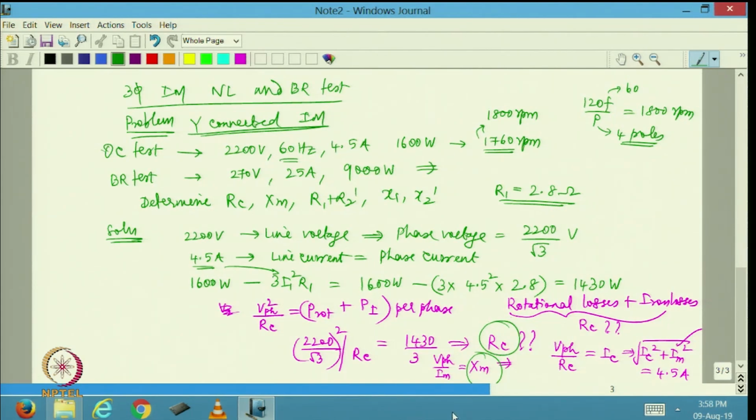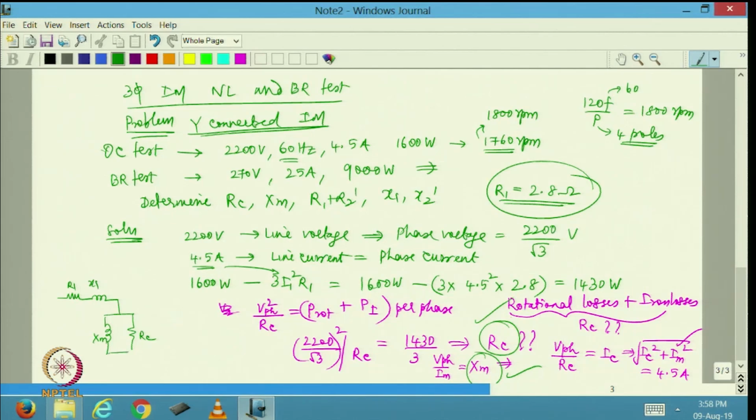So, when I draw the equivalent circuit, I should essentially draw R1, which is already given. I will have to find out X1, I have to get XM, which I have got from this value. I have got RC, which I also got from this value.